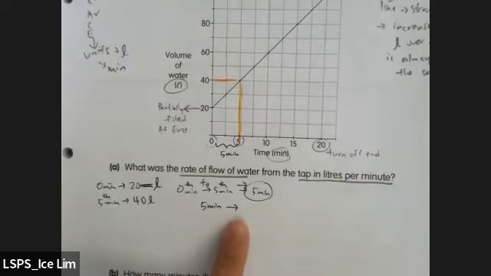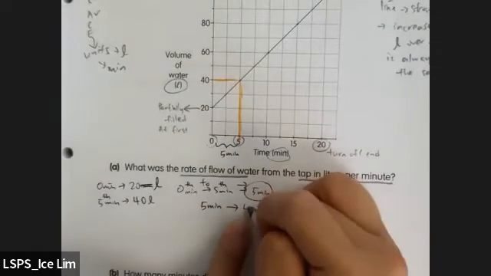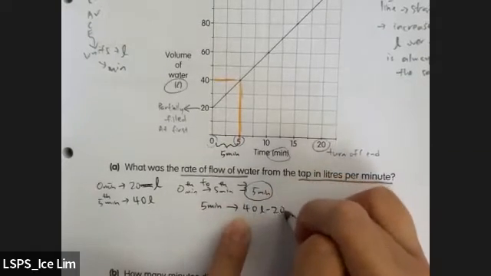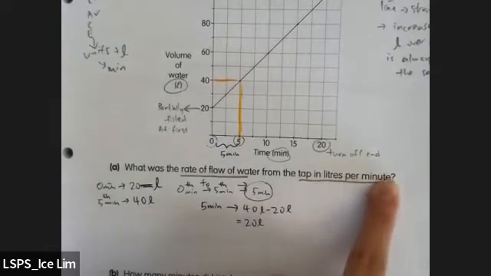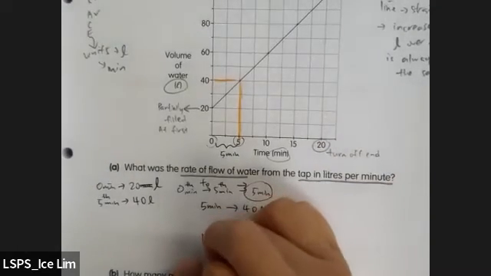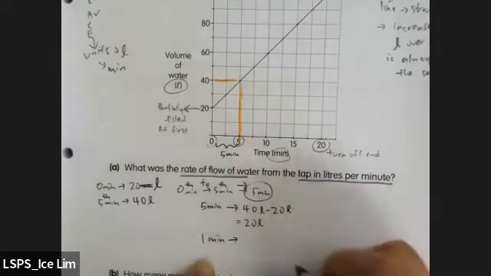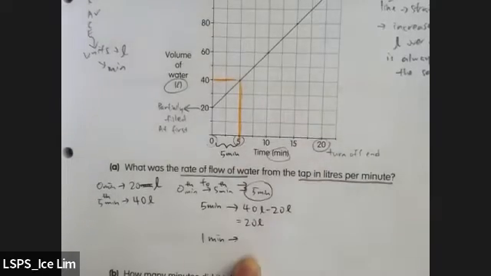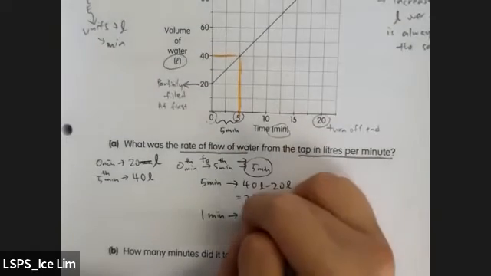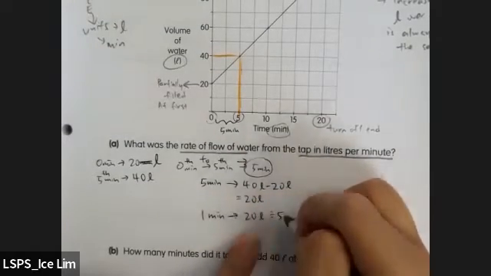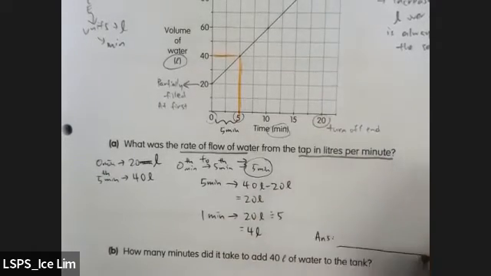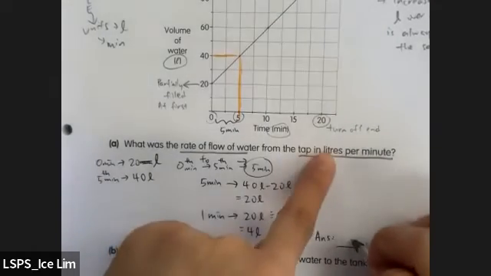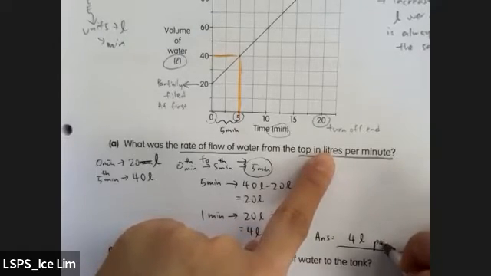Okay, so for 5 minutes, I actually can fill 40 liters minus 20 liters, that will be 20 liters. So per minute will be 20 liters divided by 5, that will be 4 liters. So my answer here is 4 liters per minute.